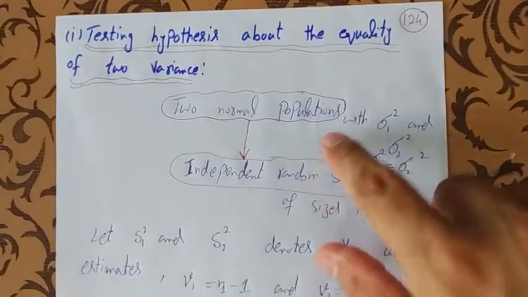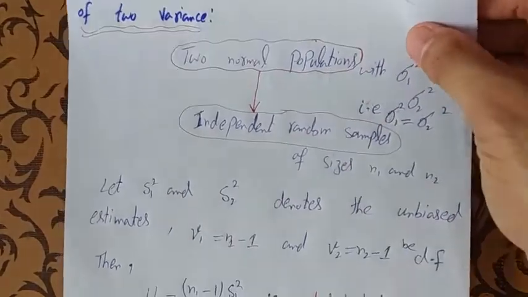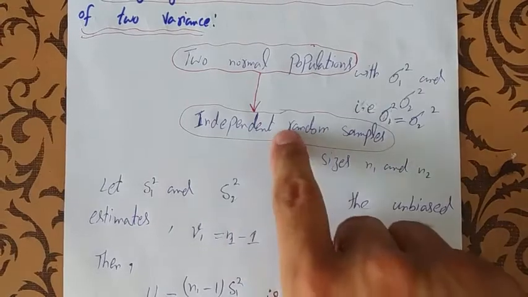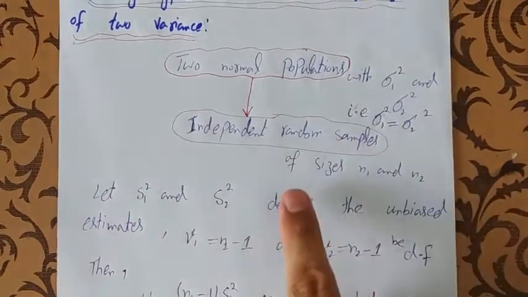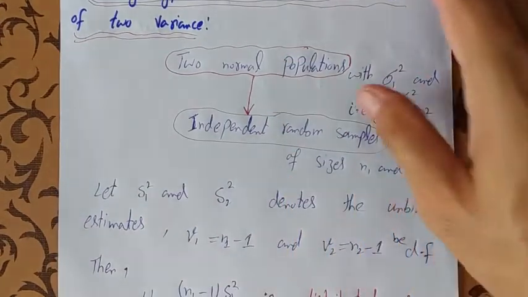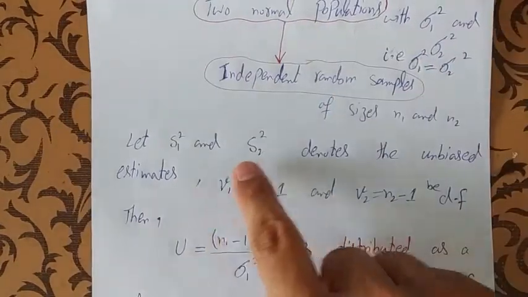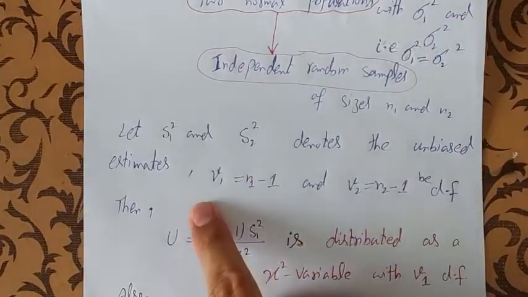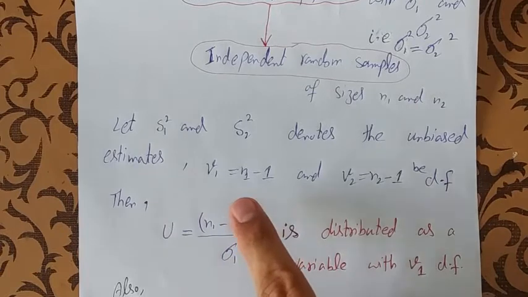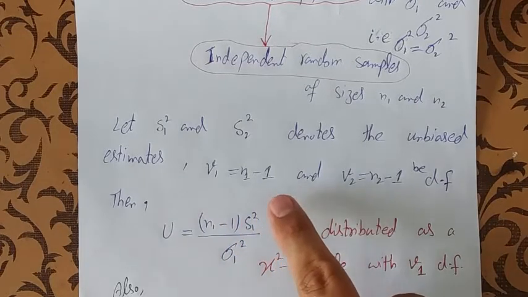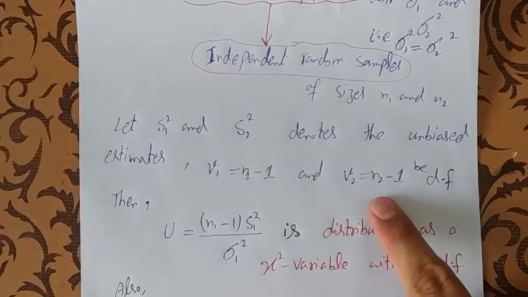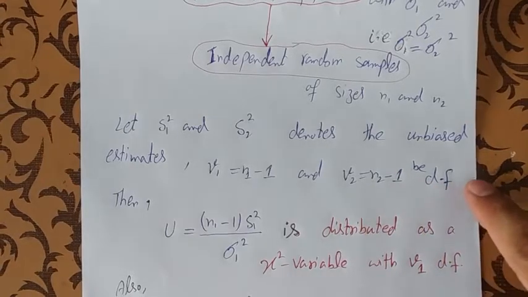Now we take two independent random samples from these two populations, whose sizes are n1 and n2. Let s1 square and s2 square denote the unbiased estimates, where nu1 is equal to n1 minus 1 and nu2 is equal to n2 minus 1 are the degrees of freedom.